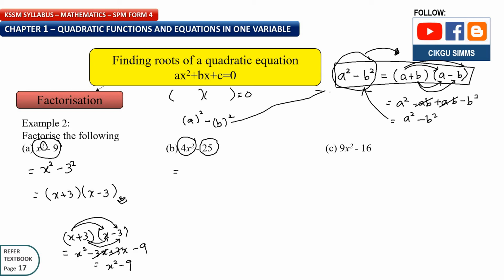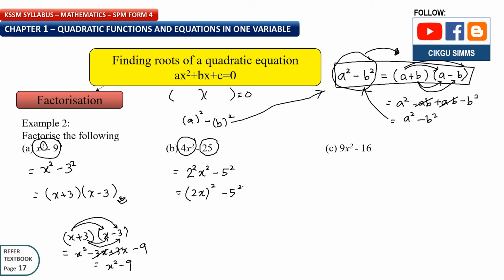First, 4x squared: we have a 4, we can make it 2 squared. 25, I make it 5 squared. So 2 squared x squared is (2x) squared, minus 5 squared.